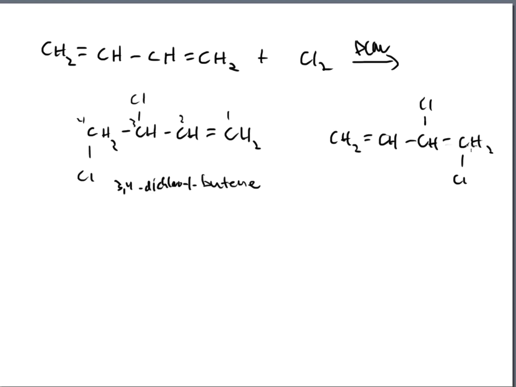Okay, well, let's name this one over here to the right-hand side. What would its name be? Same rules, longest carbon chain, 1, 2, 3, 4, butene. On carbon 1, there's my double bond, 1-butene. And then on carbon 3 and carbon 4, I have dichloro, don't I? So this name is actually the same for both of these molecules, which helps prove that they are identical.